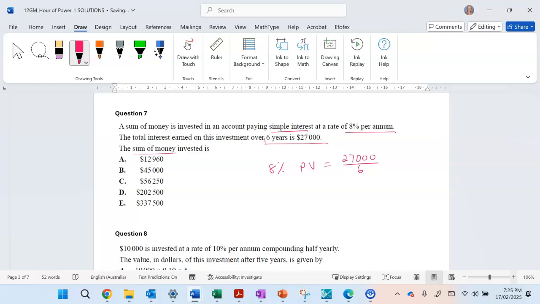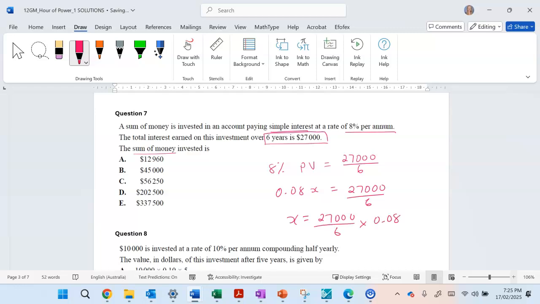Because it's 6 years is the amount of interest earned. So we want to solve for PV. So let's just write that 8% as a decimal, and PV I'm going to call X, and we can just keep that as a fraction. So X is equal to 27,000 over 6 times 0.08.